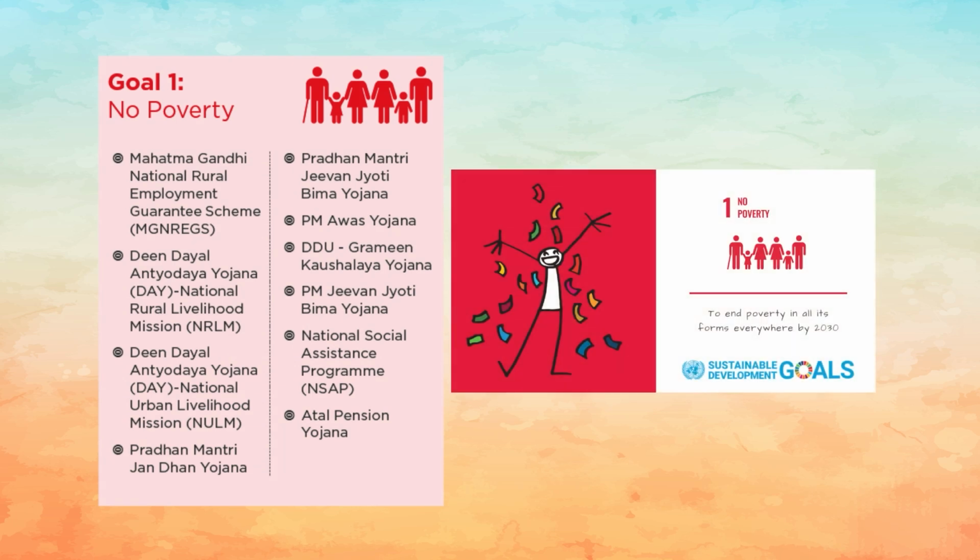Employment Guarantee Scheme, then Din Dayal Antyodaya Yojana, National Rural Livelihood Mission. It's the integration of two policies and two programs.